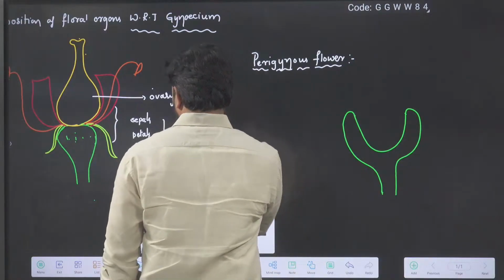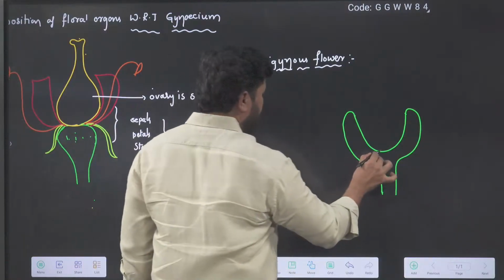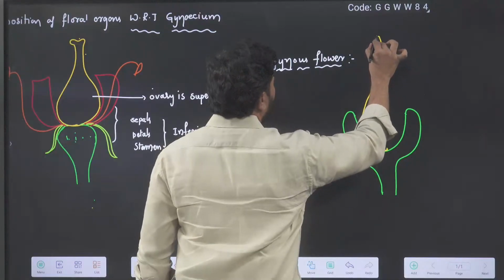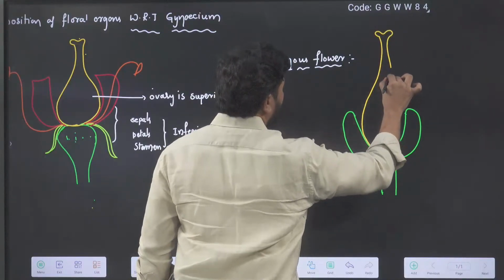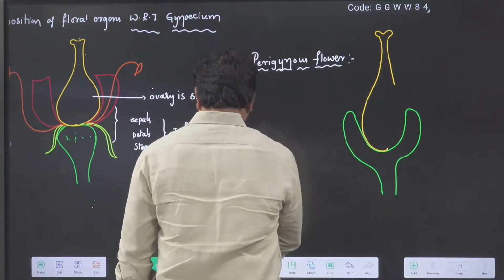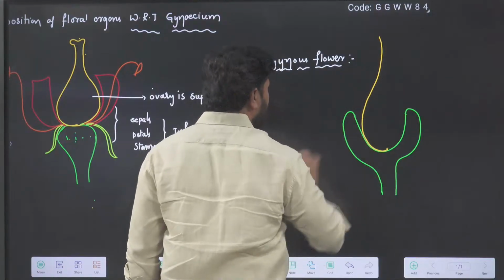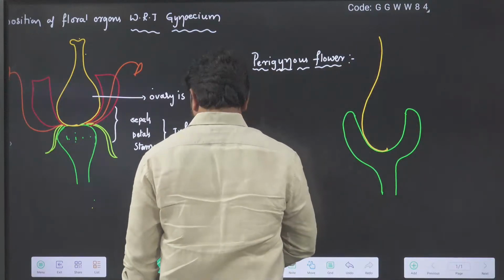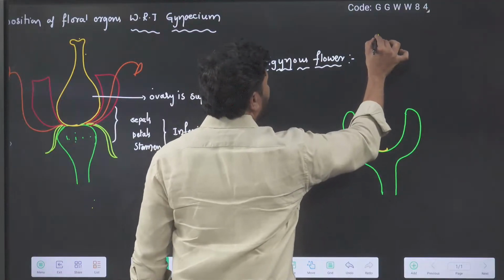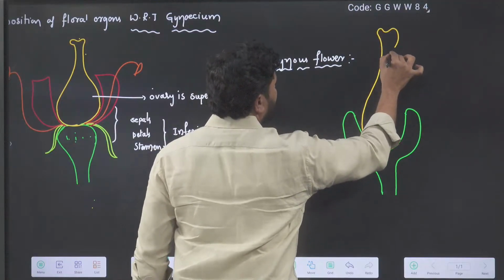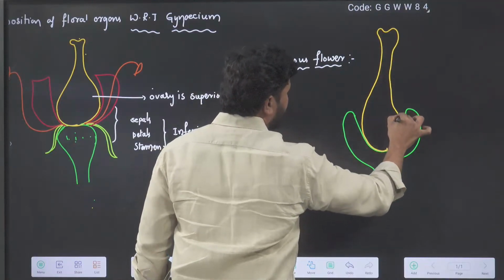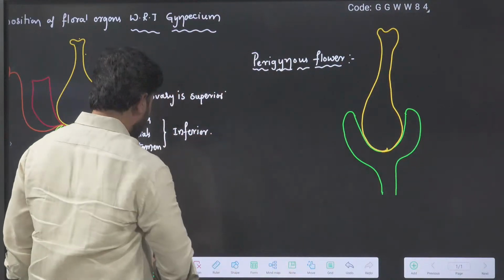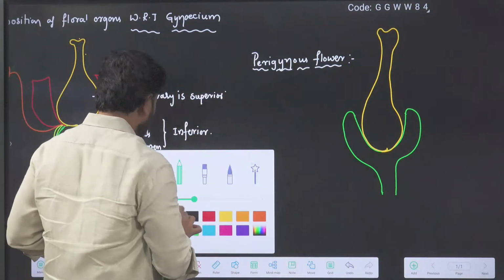Inside the cup-like thalamus, the gynoecium is going to develop in the form of a body that is partially covered. This is the gynoecium.